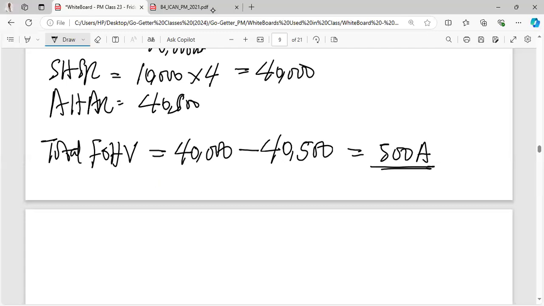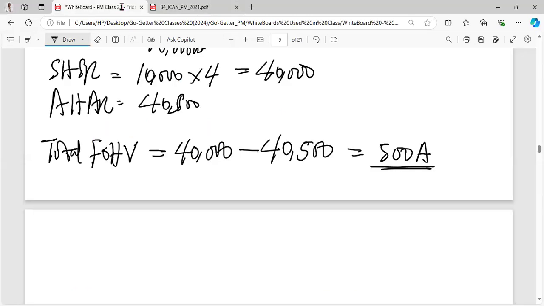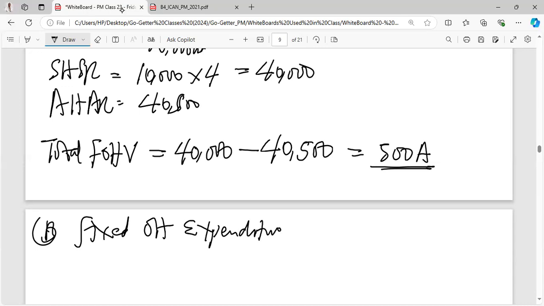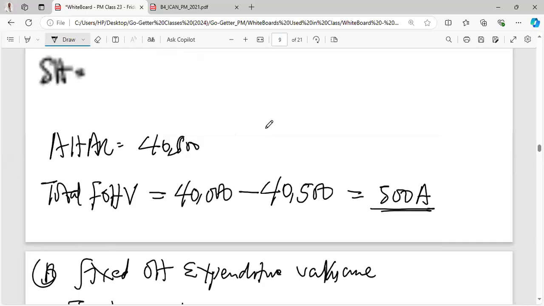Then the next thing we are asked to do is the fixed overhead expenditure variance. So the B, fixed overhead expenditure variance. We said this was our formula here.